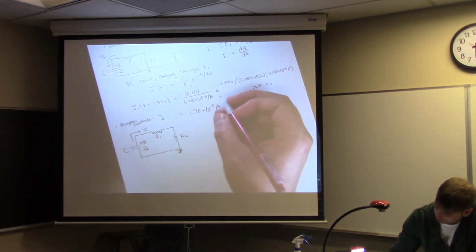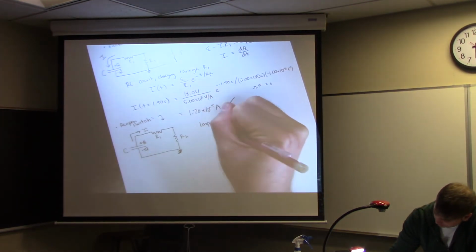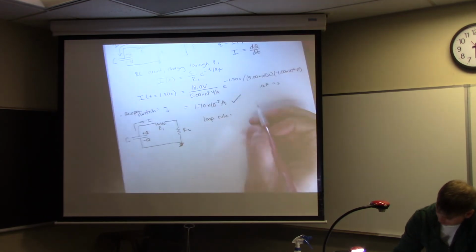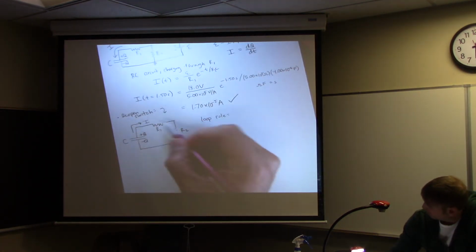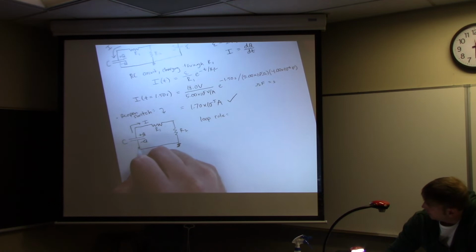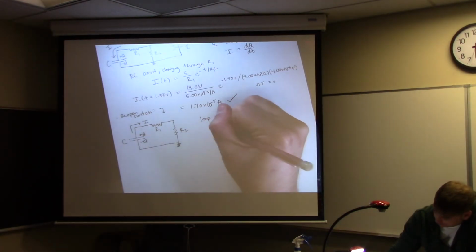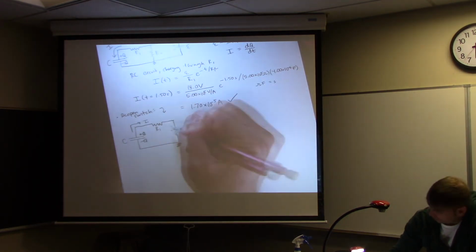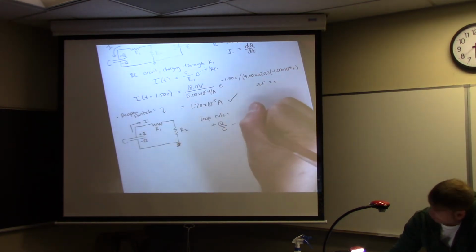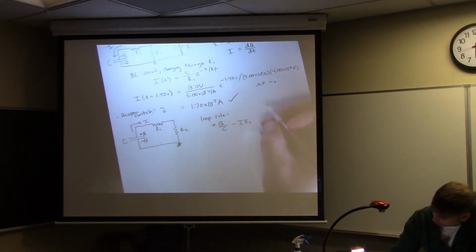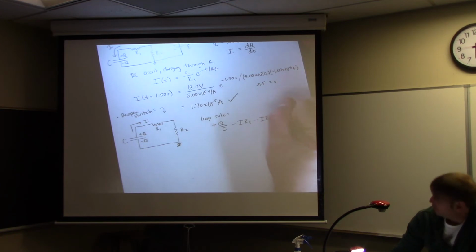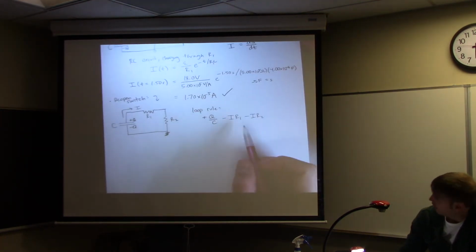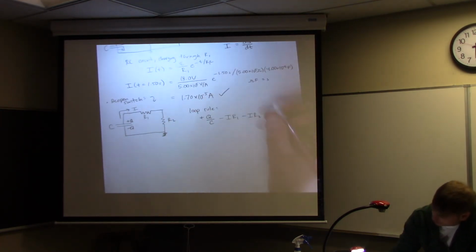All right, but the loop rule looks like this. How about we go clockwise, start down here, go from the negative to the positive plate of the capacitor. So that will be a positive Q divided by C. And then go across resistor number 1 in the direction of the current, and across resistor number 2 in the direction of the current, so that's minus I R1 and then minus I R2.